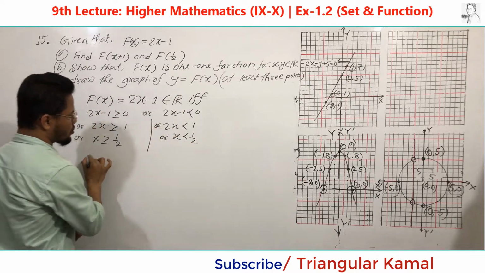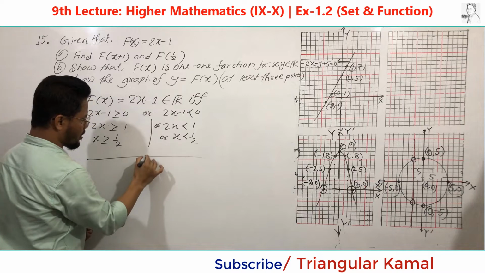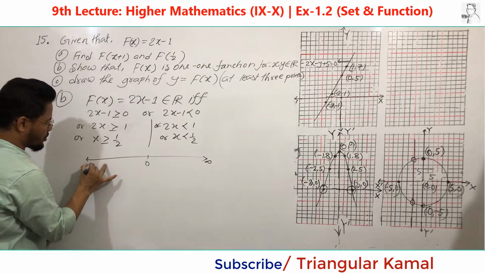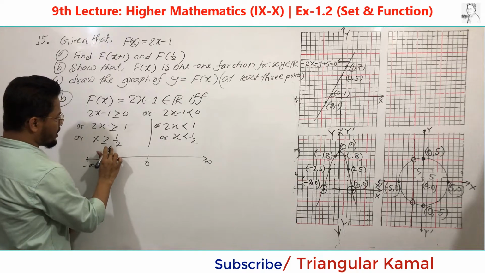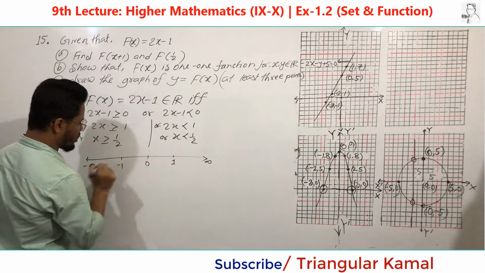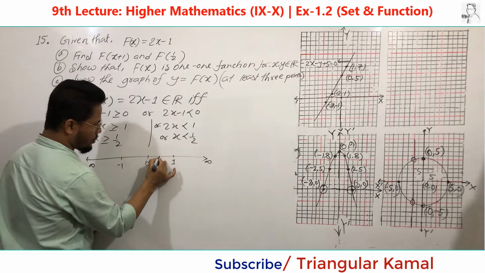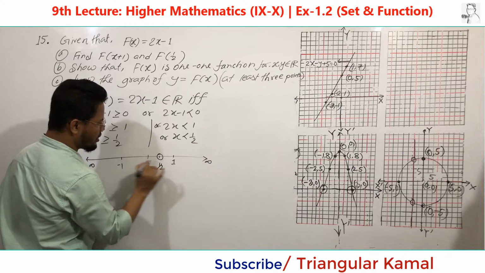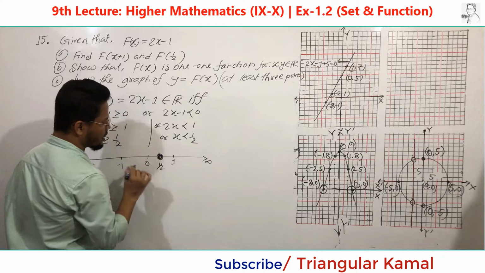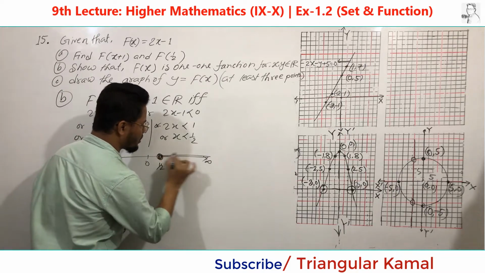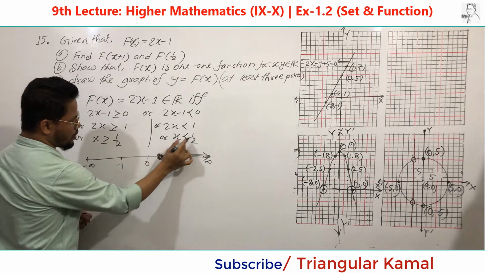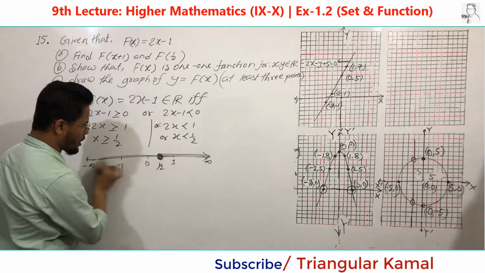So what does this indicate? If we consider 0, this side is the positive side, this side is the negative side of a number line. This one is plus 1, this one is minus 1. X is greater than or equal to half, which is 1 by 2. Equal to half is indicated by this circle, and greater than indicates the positive side, and this one indicates from half to the negative side, so the left side.